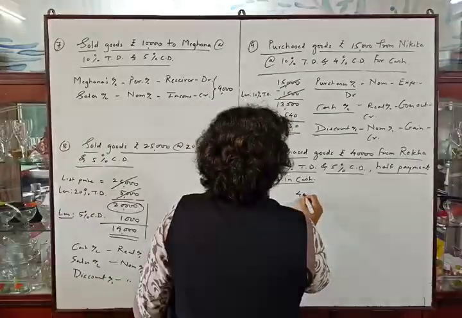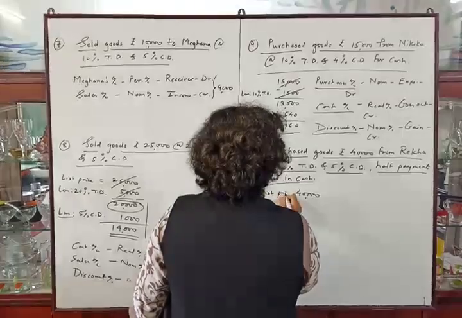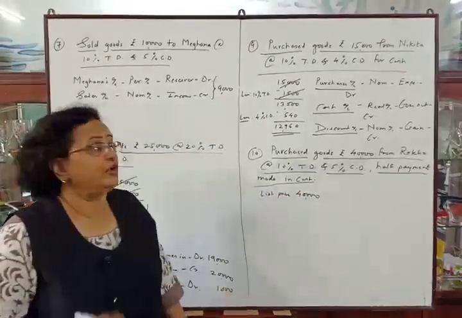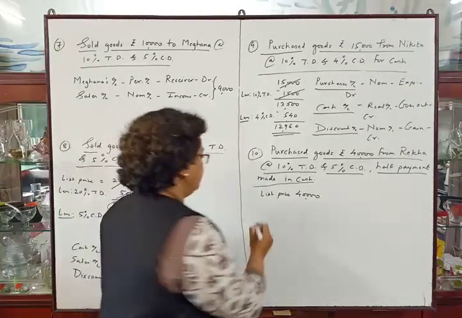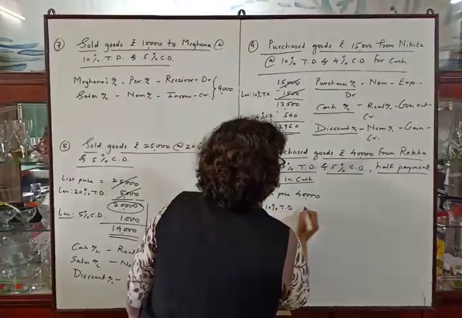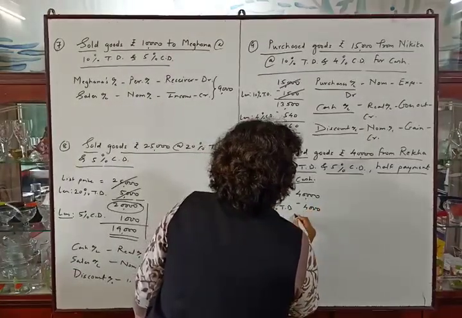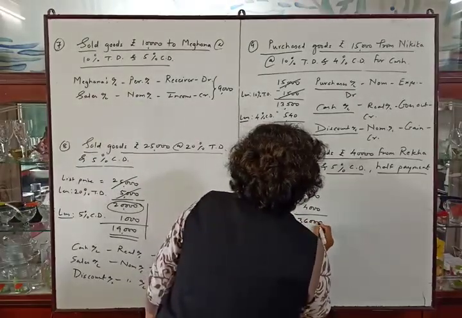So 40,000 is the list price. We are allowing 10% trade discount to Rekha, so less 10% TD, 4,000. We will deduct 4,000, so it will be 36,000.